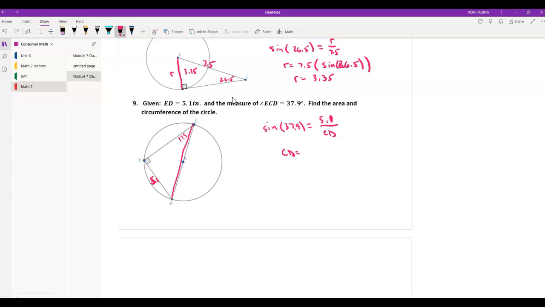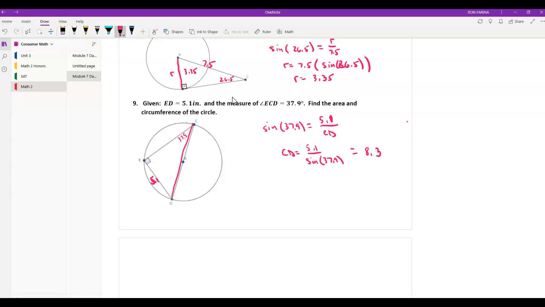So remember, when what we're looking for is in a denominator, we divide. So it's going to be 5.1 divided by the sine of 37.9. So 5.1 divided by the sine of 37.9 is going to give you 8.3.